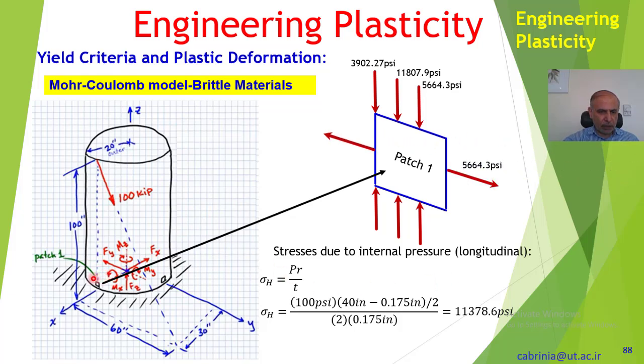Hoop stress on the patch in the circumferential direction is like that. So these are the stresses acting on patch 1.